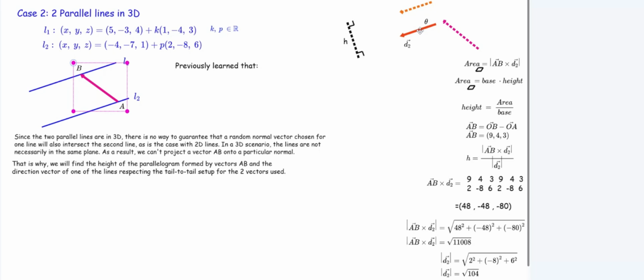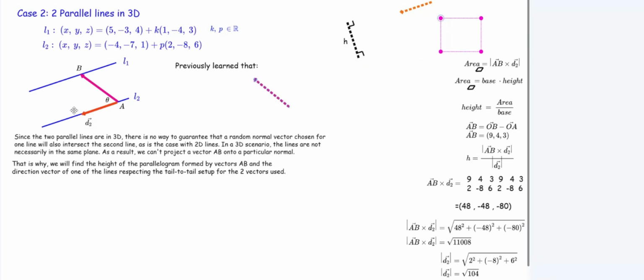Then we're going to bring in the direction vector for line 2, and I will set them up tail to tail. So now I have the vector formed by a point on line 2 and a point on line 1, and the direction vector of line 2.